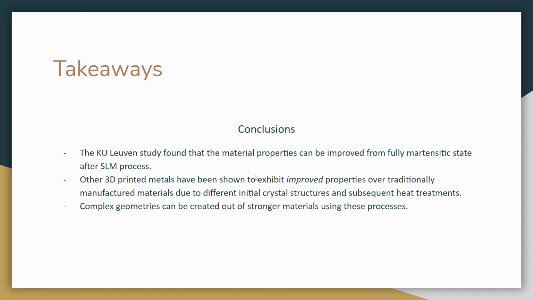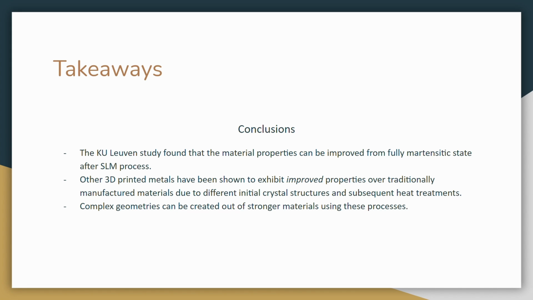So some takeaways. The study narrowed down the heat treatment process so that the grain formation became less cooling rate dependent and that the material's properties could actually be improved from its 3D printed state. Other 3D printed metals have shown to exhibit improved properties over traditionally manufactured materials due to initial crystal structures and subsequent heat treatments.